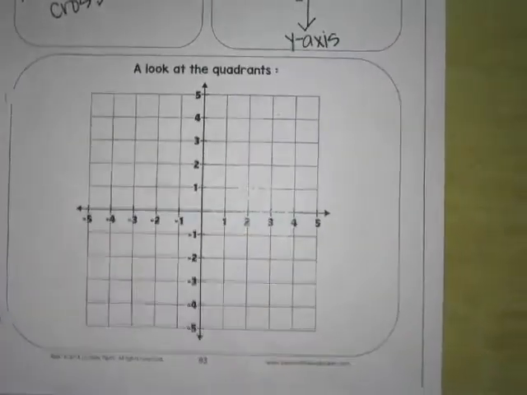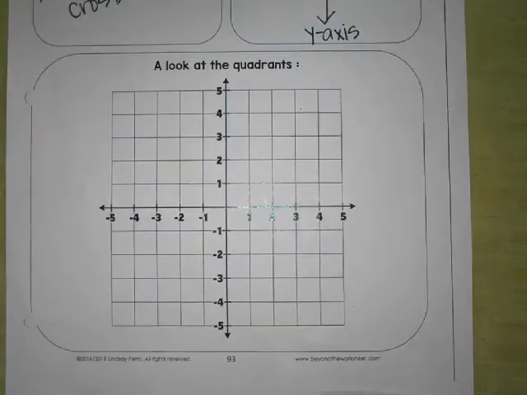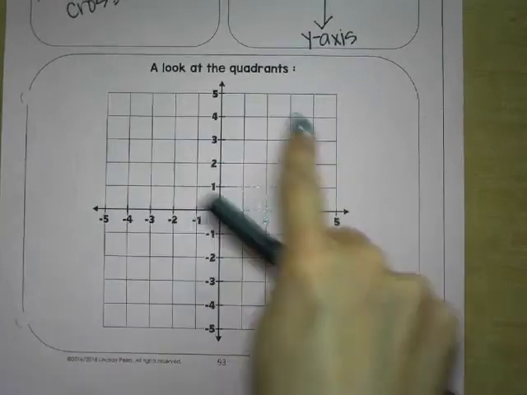Okay, if we go down below. Now let's take a closer look at the quadrants. What are our quadrants? Brayden? Okay, so how many are there? 4. Does everyone see that there are 4 sections?